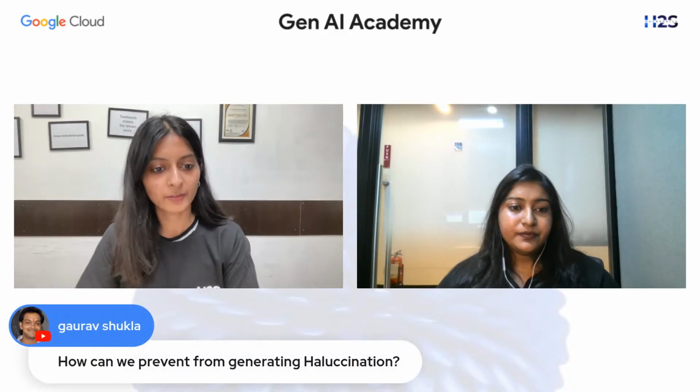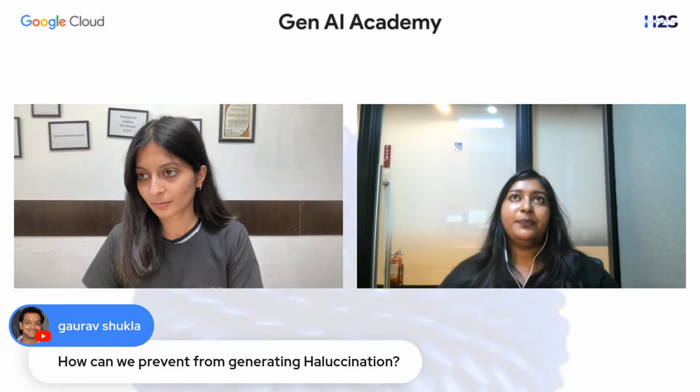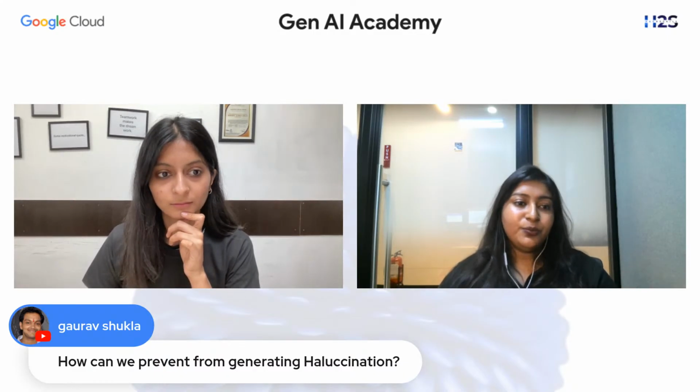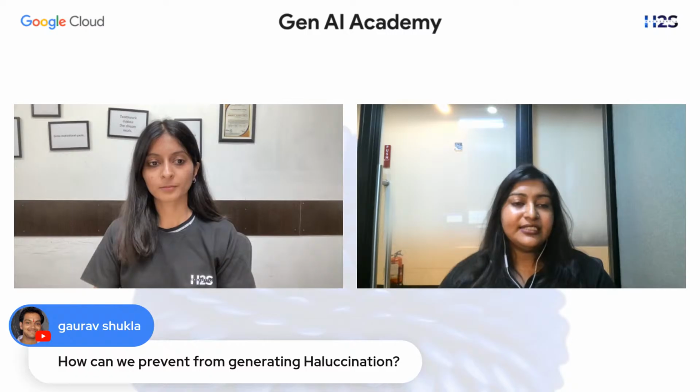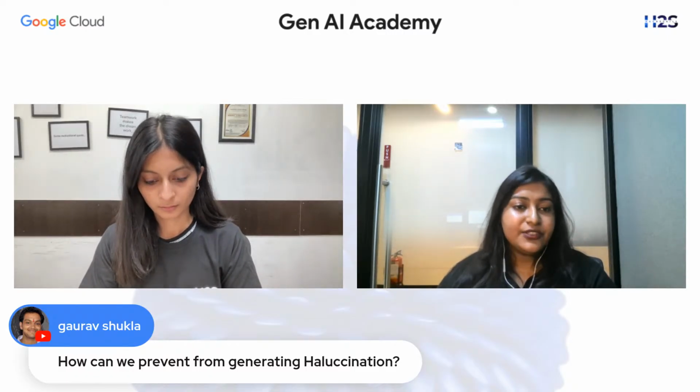Gaurav asks, how can we prevent generating hallucination? Okay. So the concept is, when you give the model more scope of making assumptions, then the model might take certain reasoning into consideration that you don't want, and you will ultimately consider it as hallucination.